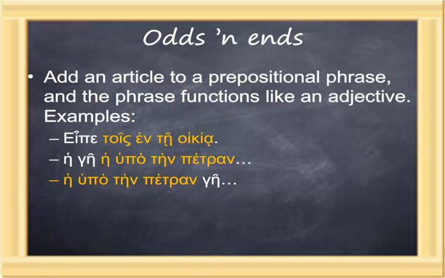Example: elalei tois en te oikia. We see the prepositional phrase en te oikia, in the house, but it has an article in front of it, in the dative plural masculine. The clause would be translated, he spoke to the ones, or to the people, in the house.